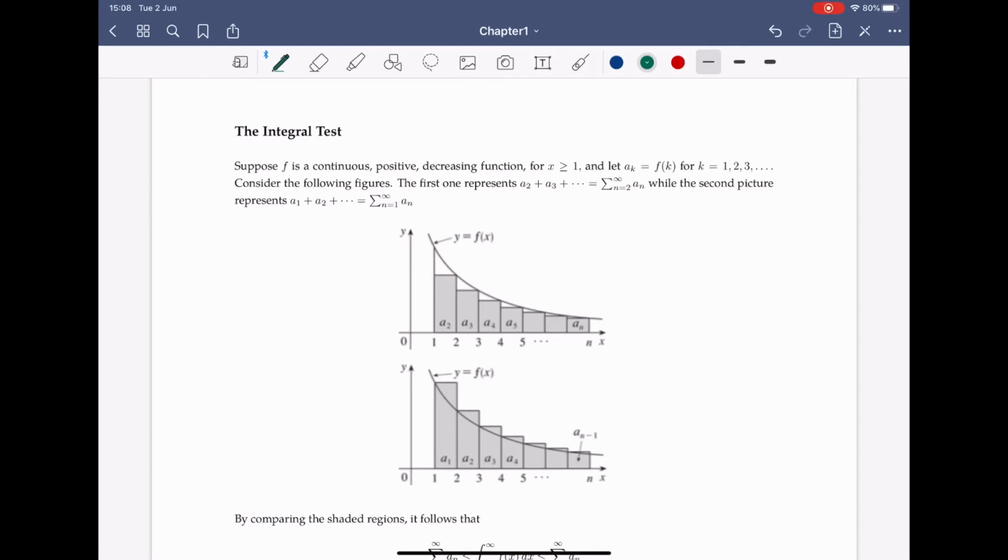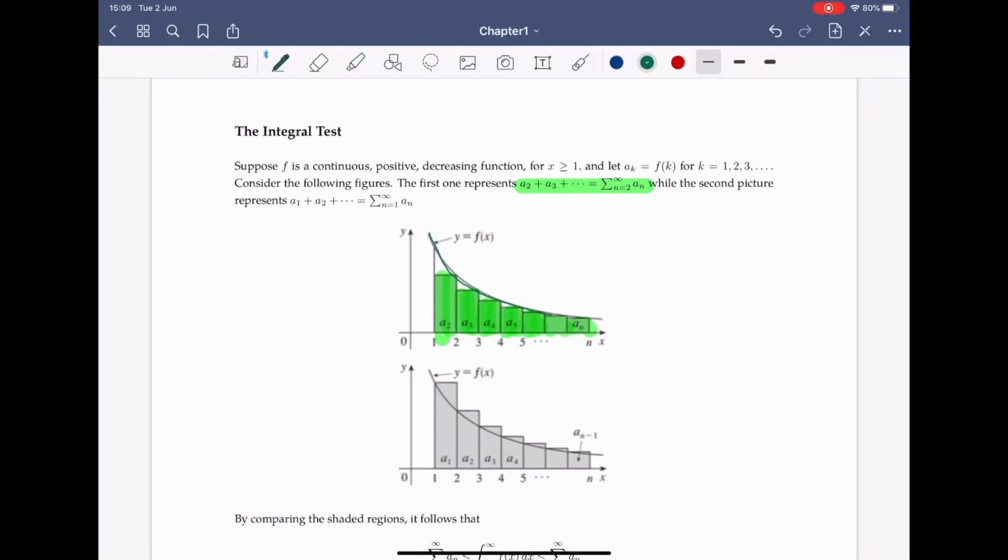So let's look at the idea behind the integral test first. The idea is that if you focus on just a2 plus a3 plus and so on, this is a summation from n equal to 2 to infinity. This is going to be just the boxes here that I highlight in green. This thing is always less than the area under the curve here.